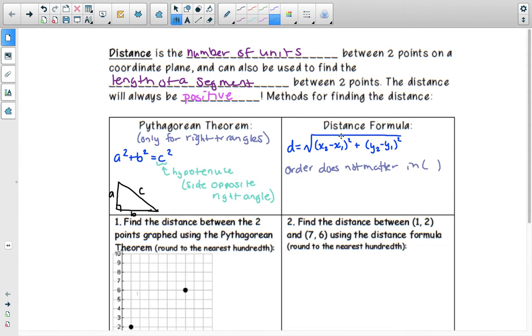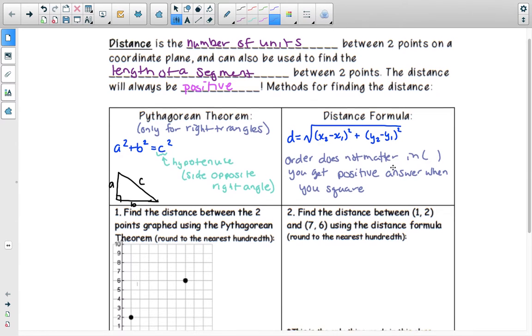I can do my change in y first. We can do this because you get a positive answer when you square those values. So no matter what, I'm going to be adding two positive numbers in here. So if you ever get a negative number out of this, when you square it, you know you've done something wrong.